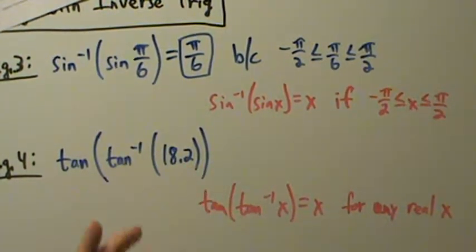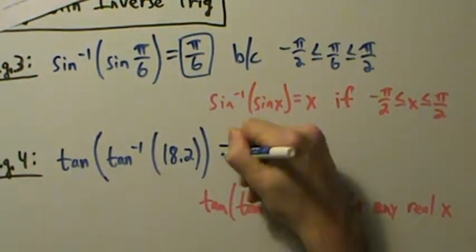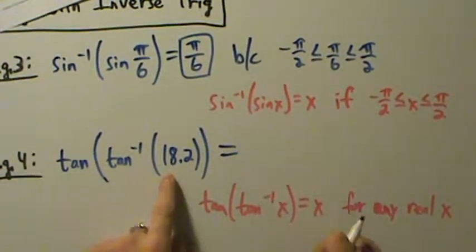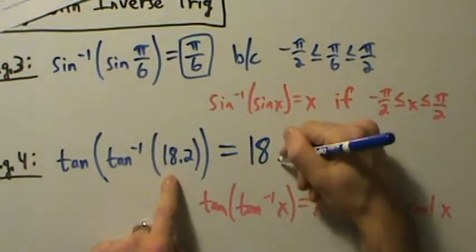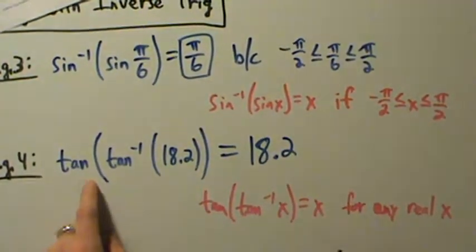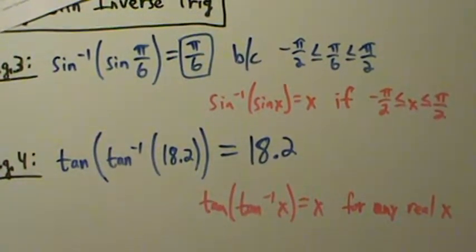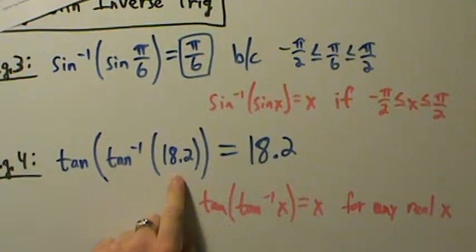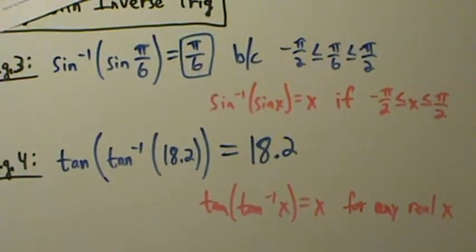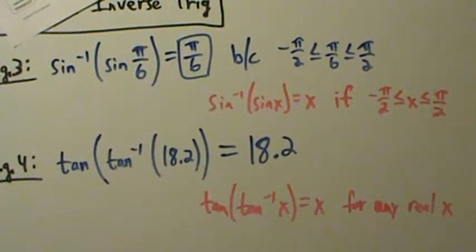So actually this is wonderful. No matter what real number is in here, we're just going to get that real number back. Tangent of the inverse tangent of 18.2 is 18.2, because tangent of inverse tangent of x is x for any real number x. So specifically with 18.2, we're just going to get that 18.2 back. So that's example 4, and the answer was 18.2.